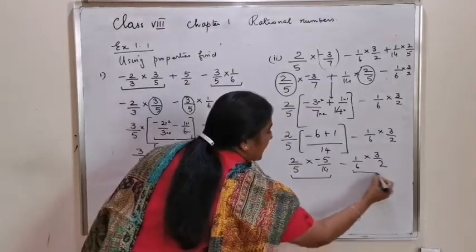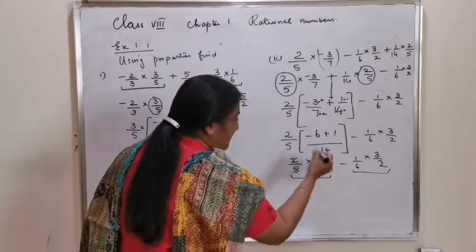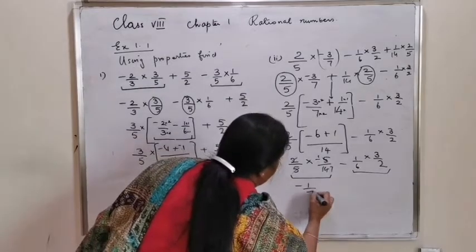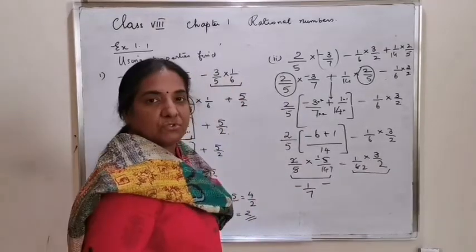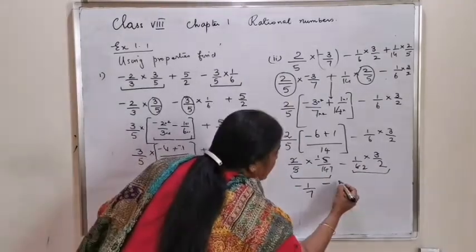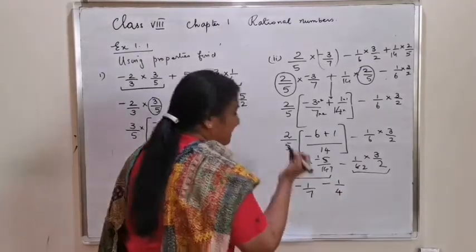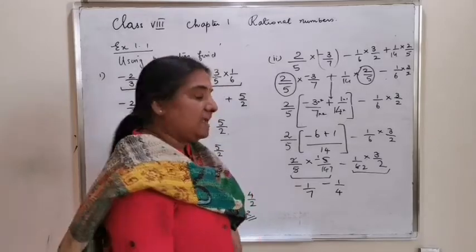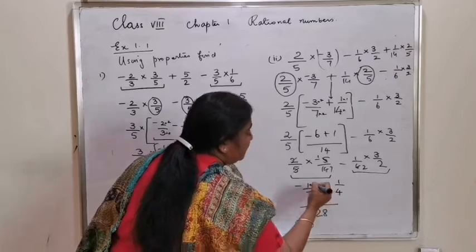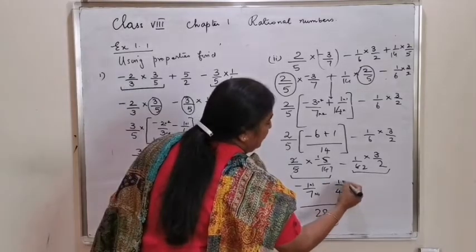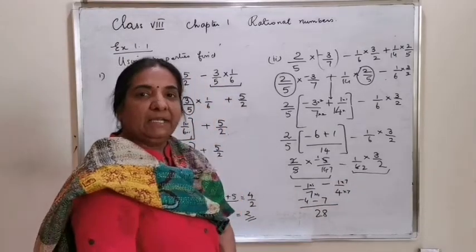You can separately cancel as 2 and as 7, 5 and minus 5, that is minus 1 by 7 minus 2 and 2 is 4, that is minus 1 by 4. Again 4 and 7 LCM is 28 because there is no common. Into 4 into 4 into 7 is minus 4 minus 7 by 28.